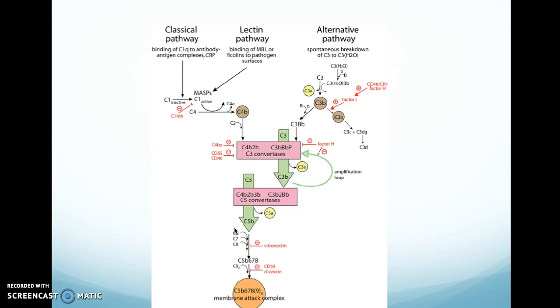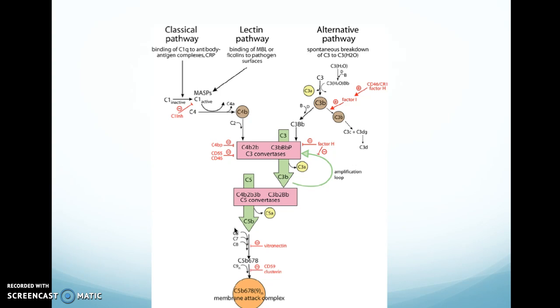The complement system has the potential to be extremely damaging to host tissue. That means its activation must be extremely regulated. It's regulated by complement control proteins, which are present at higher concentrations in the blood plasma than the complement proteins themselves.